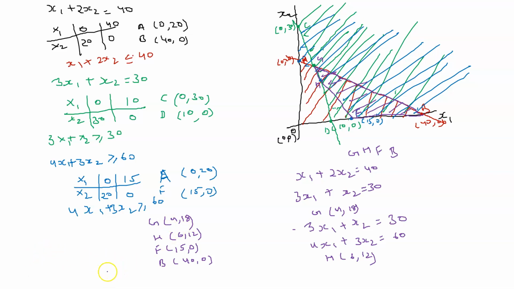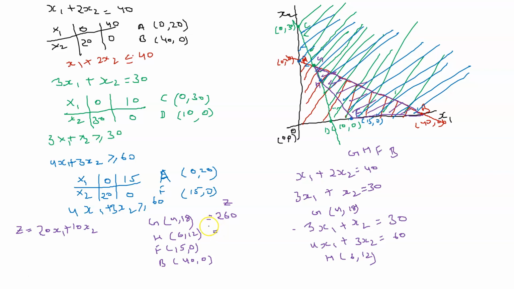What is the objective function we have? z is equal to 20x1 plus 10x2. What will be the value of z for the point G? It is 80 plus 180, which is 260.